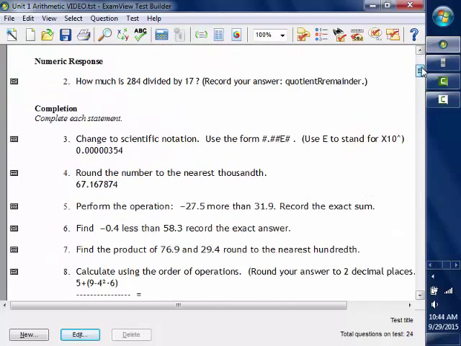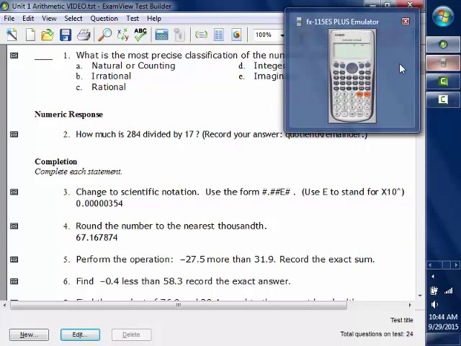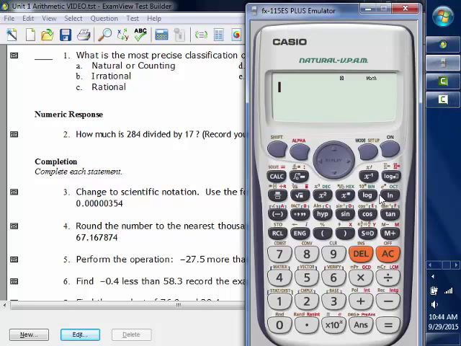Next one, it says record this as a remainder and quotient. This is a very popular one that people get wrong if they don't use the Casio calculator. 284, and then we want to use the red, so alpha divide by with the remainder 17, and you get 16 remainder 12.